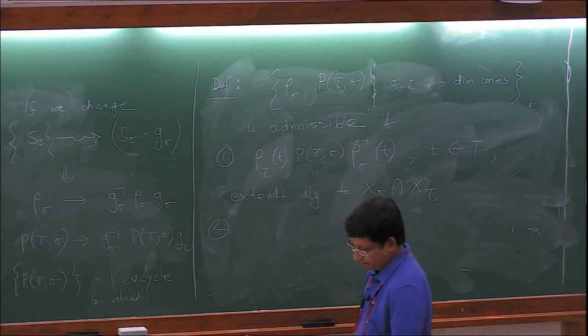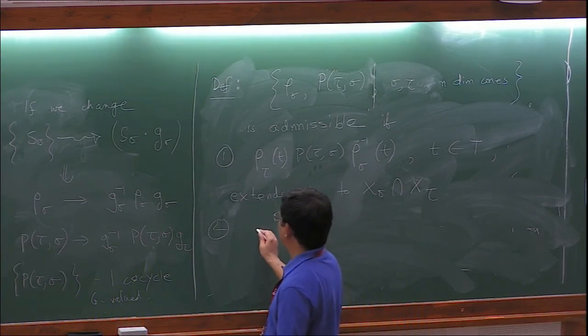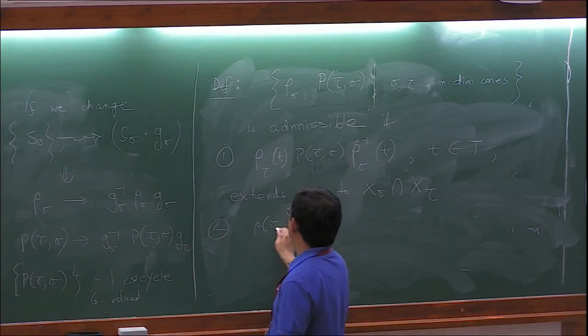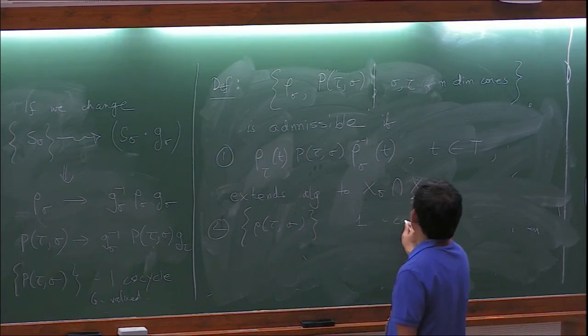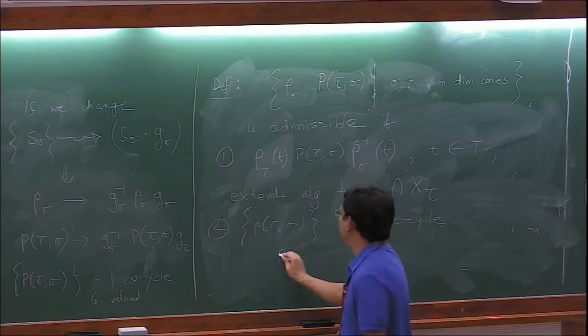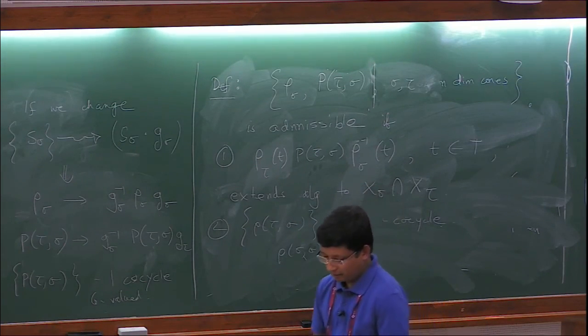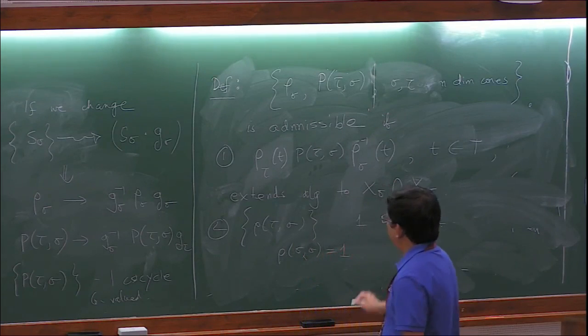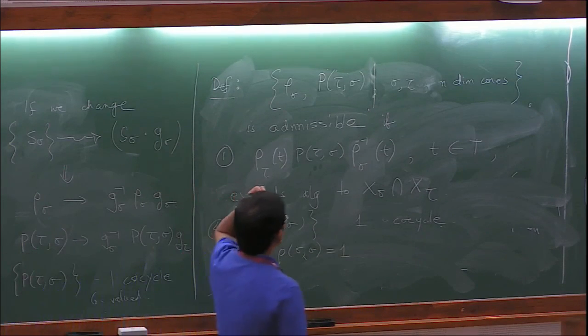So you have that rho tau sigmas form a 1 cocycle, I guess, and you can put rho sigma is always 1. Okay. All right. So with these three conditions, we call this an admissible collection.